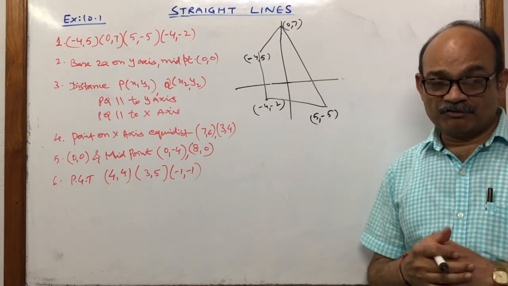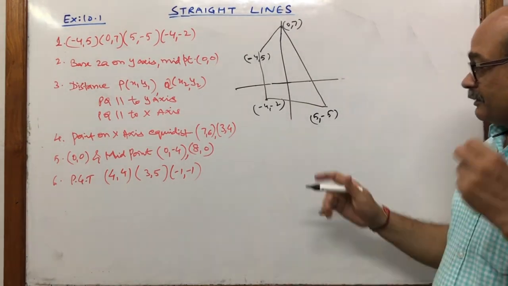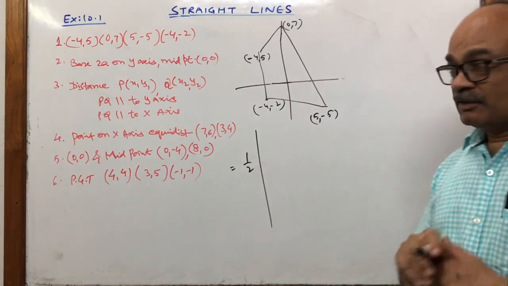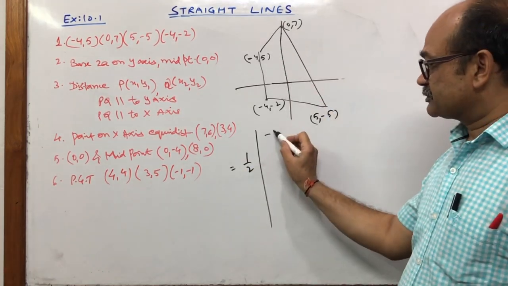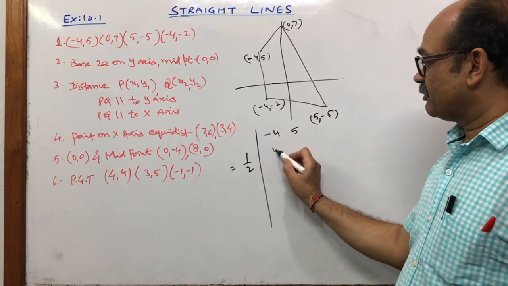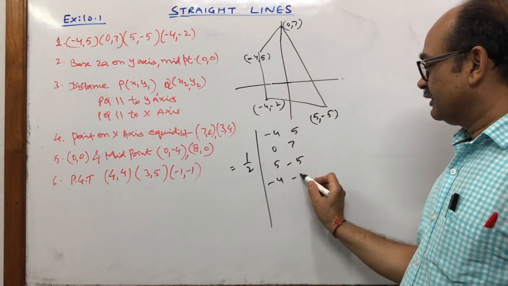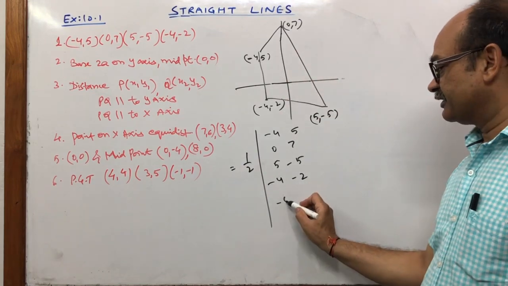So now how do we calculate this area? My shortcut is: first write the first coordinate, then the second, then the third, then the fourth coordinate, and then repeat the first coordinate again.